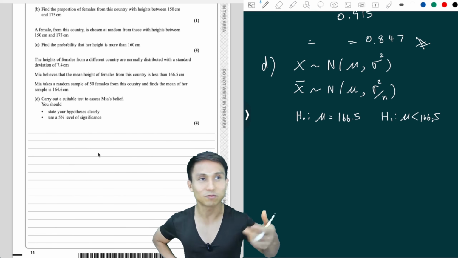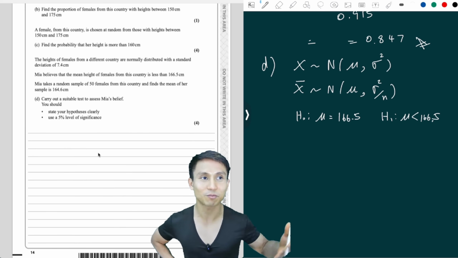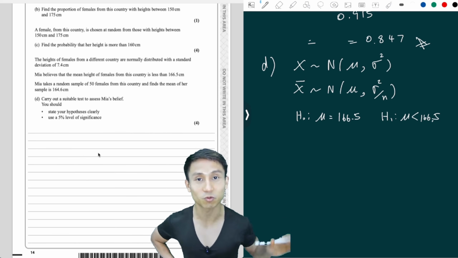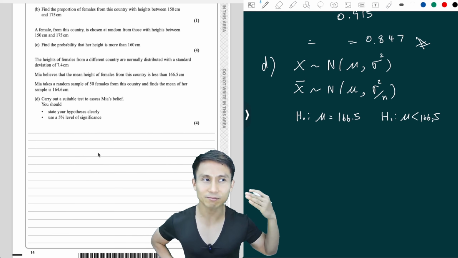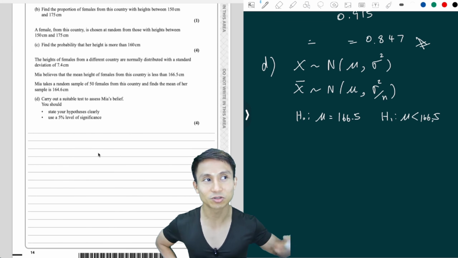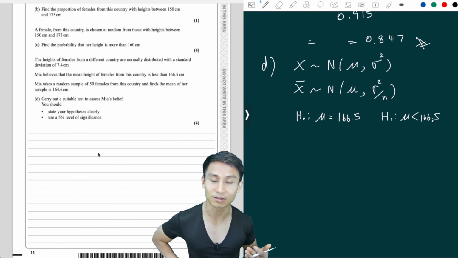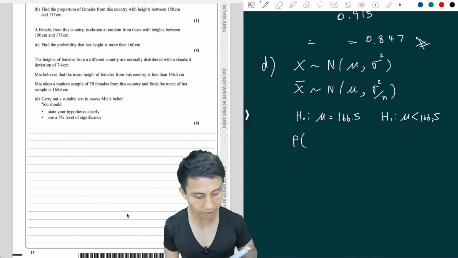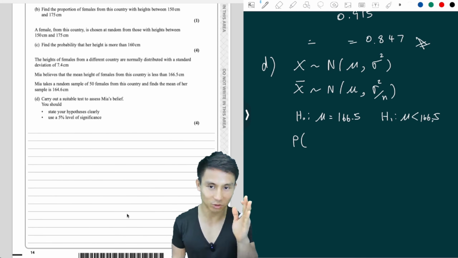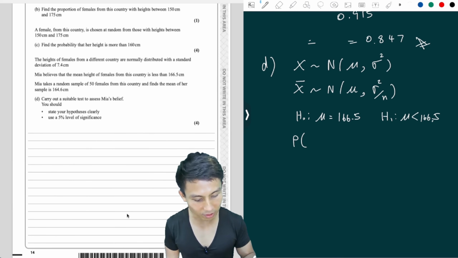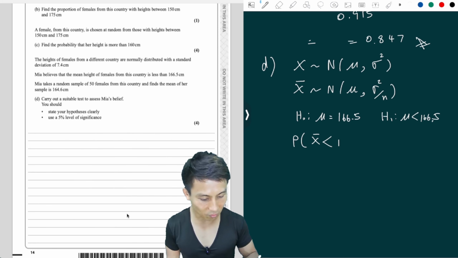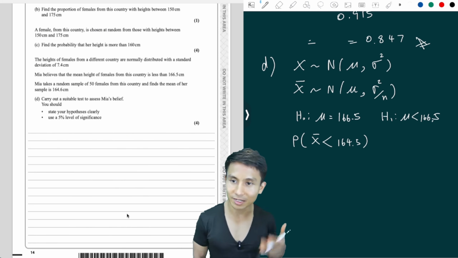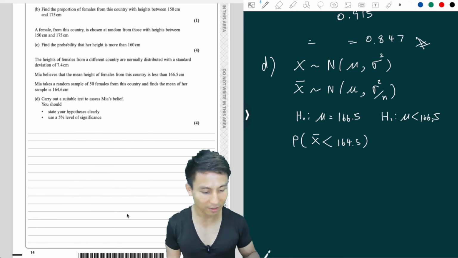If you think about the reality here, you are testing the sample and it shows you that the mean is 164.6, and you are thinking whether that will suggest any change from the actual mean, right? We're going to test that. So we're just going to calculate the probability, because this is less than, so it's the left tail here. We're going to calculate the probability of x bar less than 164.6, and see whether that is less than 5% or not, right?